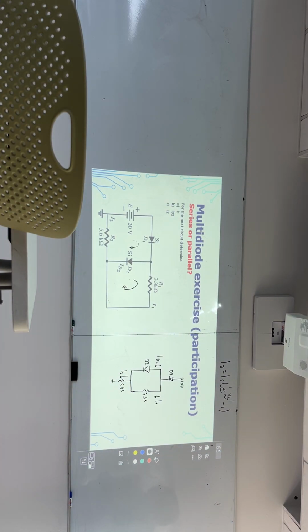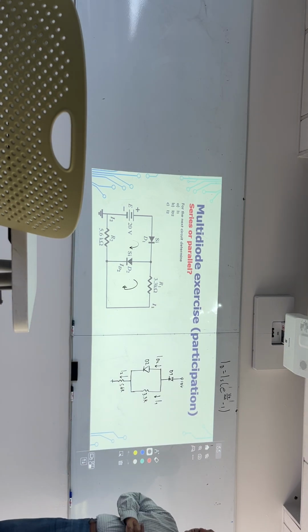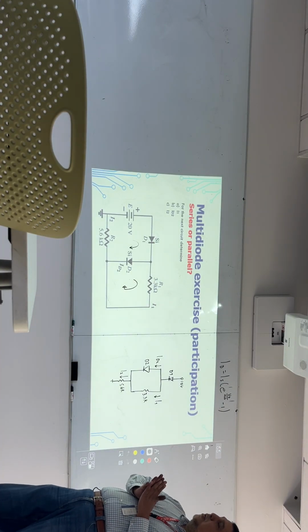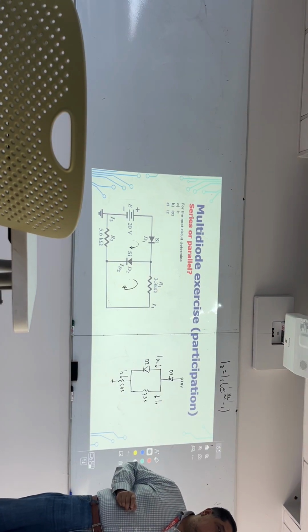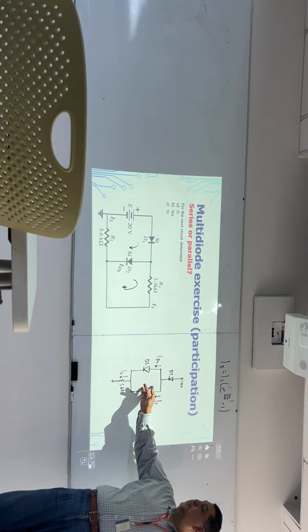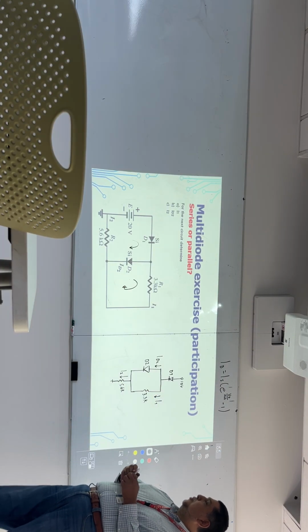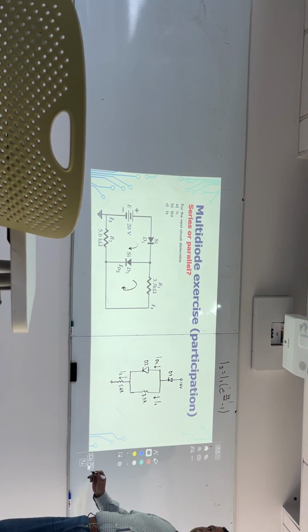Even though it's perfectly fine to solve the circuit with the mesh analysis, maybe all of you got the same result by using the mesh analysis. This is another option. Why is this convenient? Well, because first of all, I can get I1 really fast. How can I get I1? Since the resistor is connected in parallel to D2, what is the voltage here? 0.7, okay?